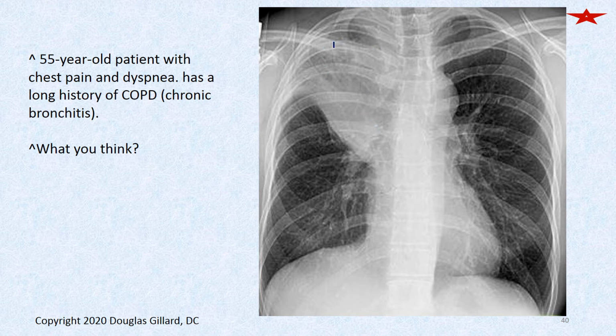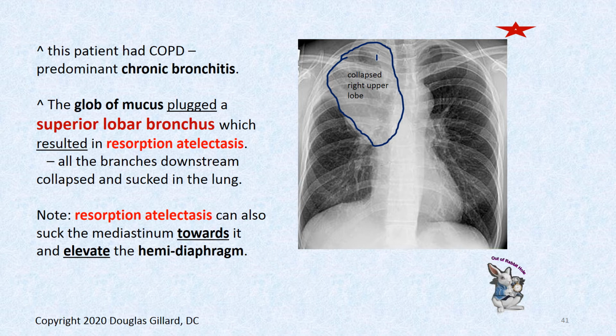It's all sucked in and sucked down into a tiny little thing. That should be way bigger. It should be pushing the lung way down here. That's where the hemidiaphragm should be. All right, so that is a reabsorptive atelectasis from somebody who suffered a mucus plug. That's all collapsed right there. Okay, reabsorptive atelectasis from a glob of mucus resulted in a plug.